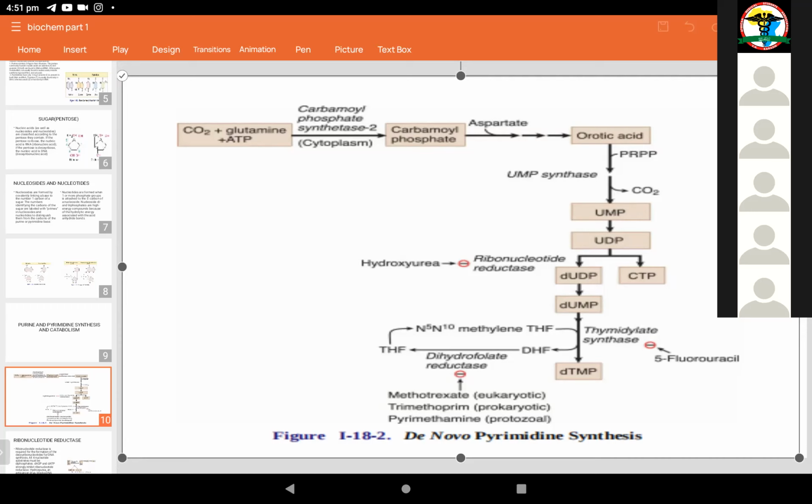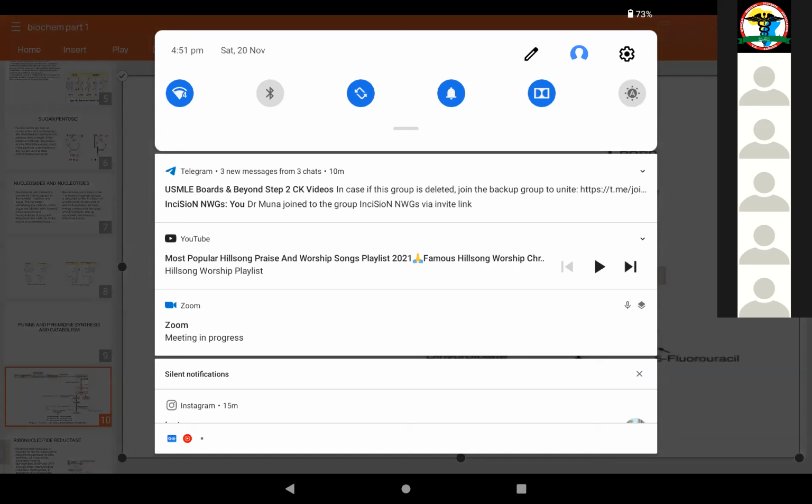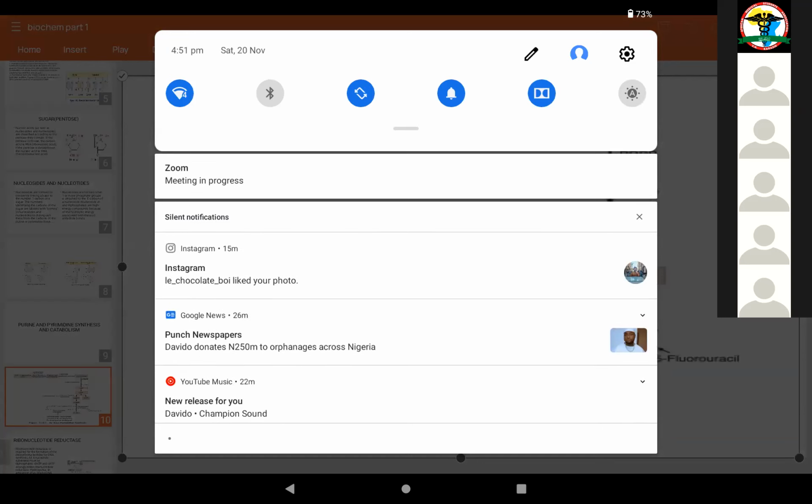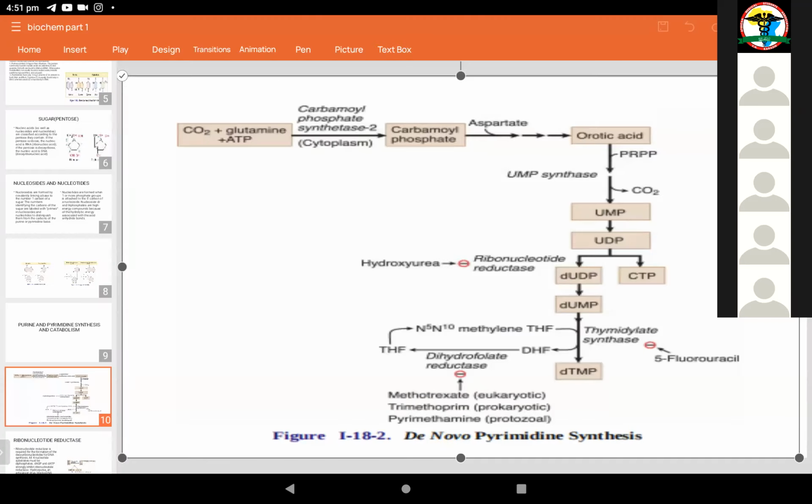Very, very important. Another thing that is important in this pathway is this whole cycle of folate. Folate, what is another name for folate? Vitamin B9. Thank you so much. And it's also the same ideology, like I told you. This particular vitamin is very important.